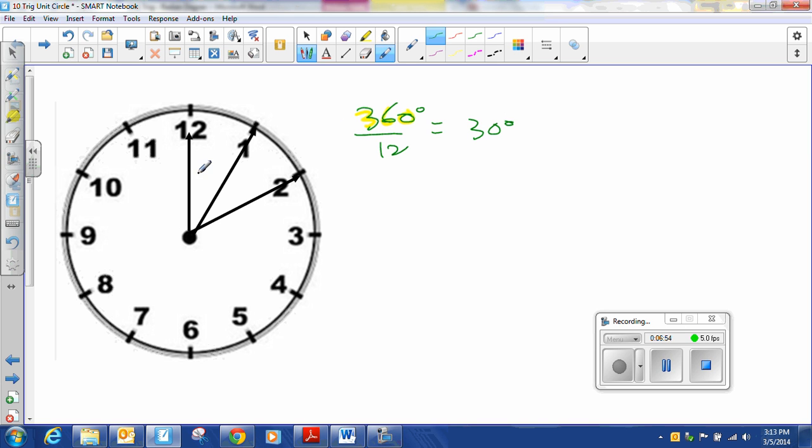Each one of these sections is 30 degrees. So I know that the hands of the clock that form 2 p.m. is really 60 degrees. So the question is, how do you express 60 degrees in radians? So that was a hint on number 3 of the homework. Good luck to you.